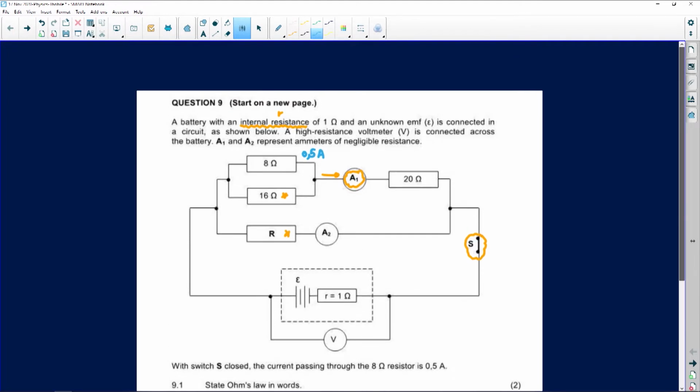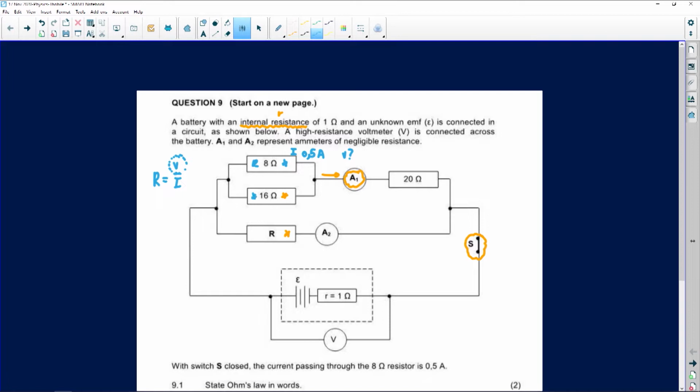Now, before I answer the question, let's delegate. I've got my resistance, I've got my current, I can find my potential difference. Remember, I can use R is equal to V over I. I can then find what V is. That is my voltmeter reading, right? My potential difference around the 8 ohm resistor. Now remember, whatever the potential difference will be for the 8, it'll be the same for the 16.